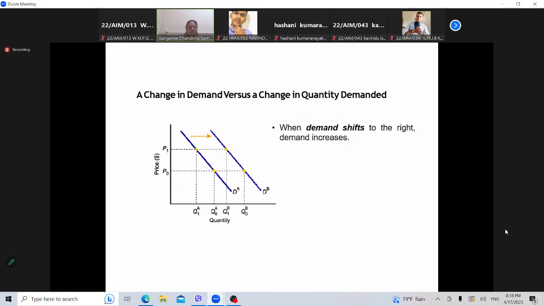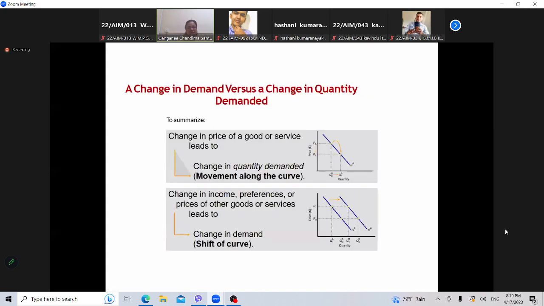Then we need to see, as we explained earlier, the demand shift. Demand shift to right means demand increases. See, before, quantity demanded was Q0, but after shifting from here to here, it demanded more. That means demand increases. As a summary, a change in price of a good or service leads to change in quantity demanded.